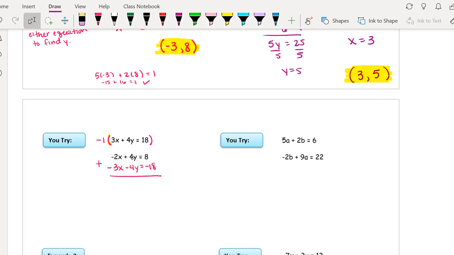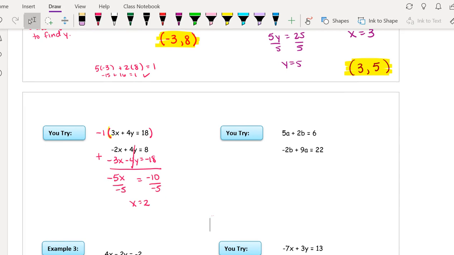I can go ahead and add those together, so I get negative 5x. Now the 4y's cancel, equals negative 10. Divide by negative 5, so x equals 2. And then you can take whatever equation you want. Use the original ones just to make sure you don't make any mistakes with substitution.